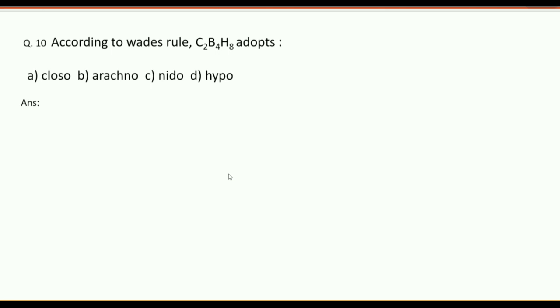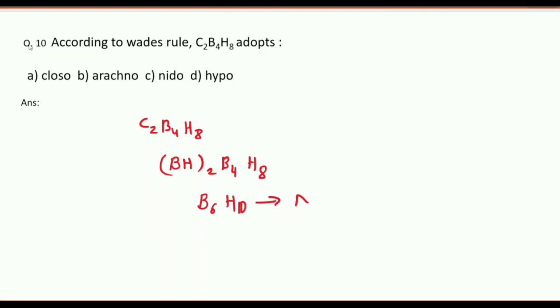So the question is C2B4H8. So we can substitute carbon for BH twice, then B4H8, so B6H10. B6H10 is nido. So it is a nido structure.